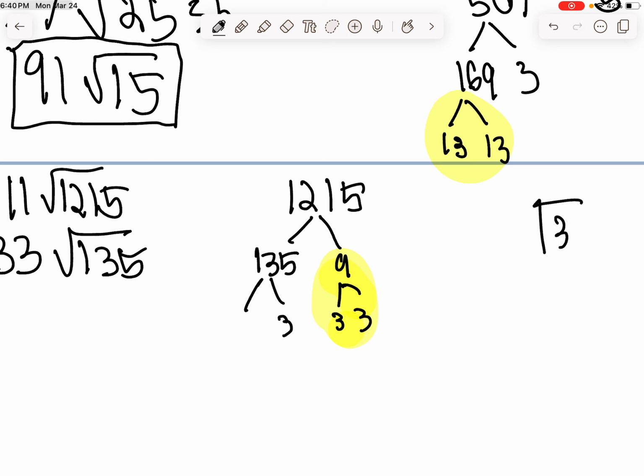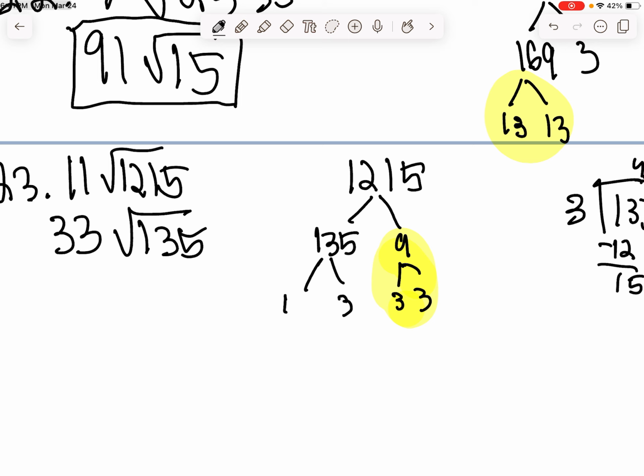135. 3 goes into this 0 times, goes into this 12 times. No, 4 times, and then to this 5 times. So you get 45. 45 is also divisible by 3. So we can make that 15 and 3.